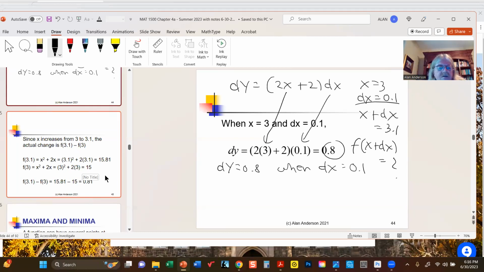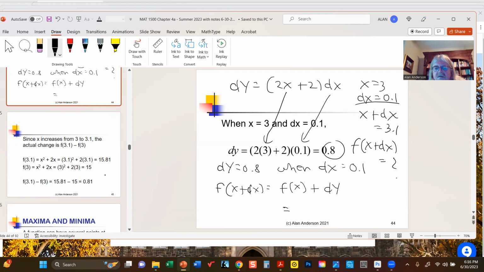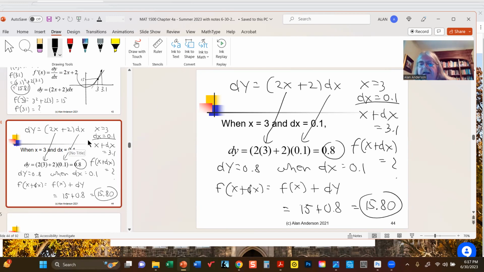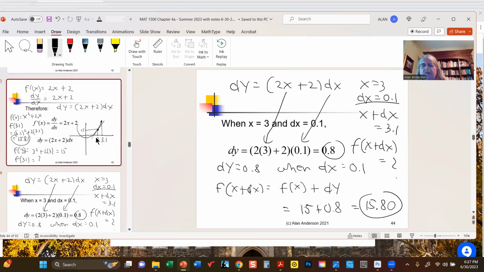You can think of this as 15 plus 0.8. So using this approach gave us 15.8.